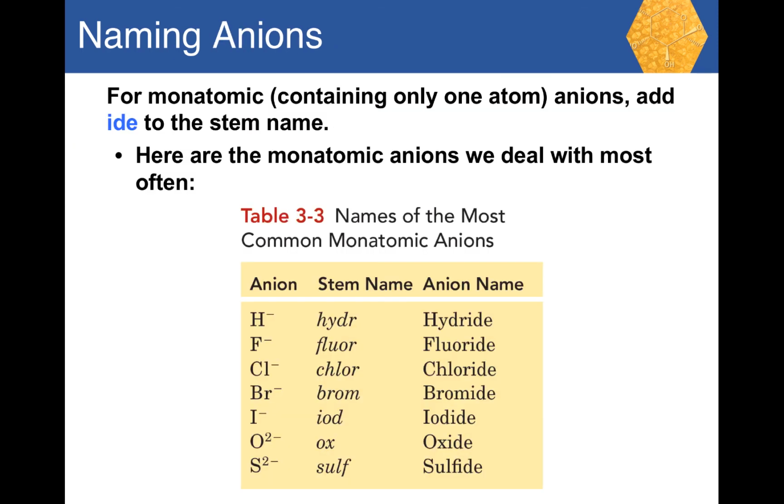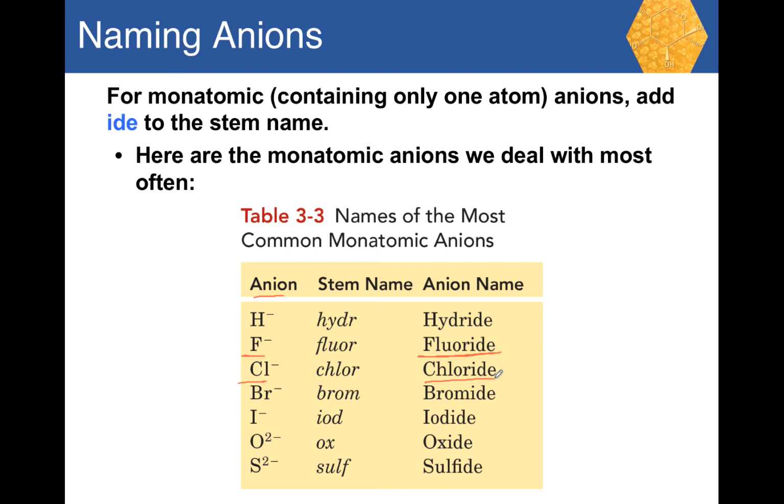Before we do that, however, let's look here at naming the atoms to the extreme right of the periodic table. They're called, of course, the anions. So if you have fluorine and it gains an electron, the name becomes fluoride. Same for chlorine, it becomes chloride.